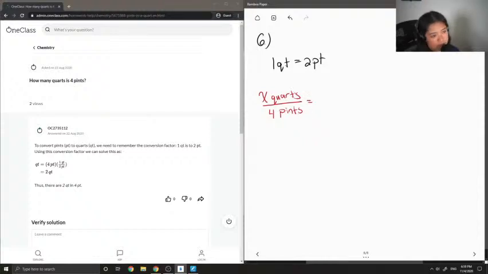And then on the right side of this formula, I'm just going to put that there is 1 quart is equal to 2 pints. And then you just simply solve for X.